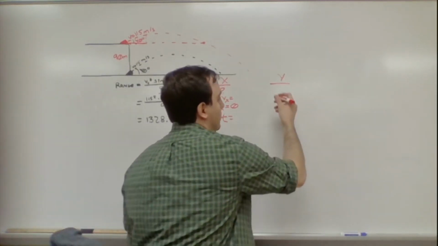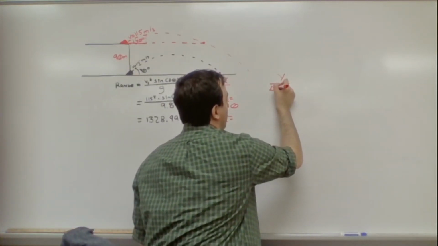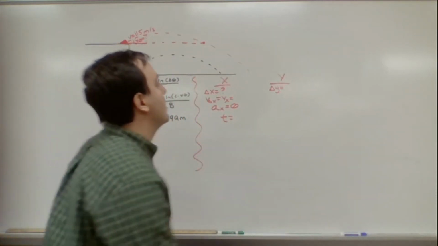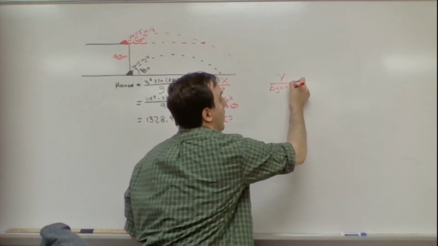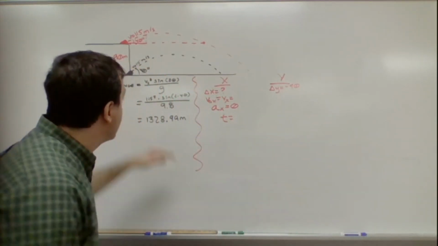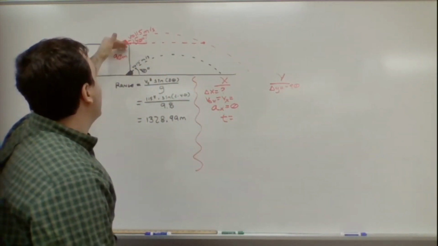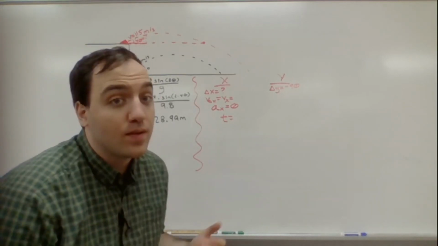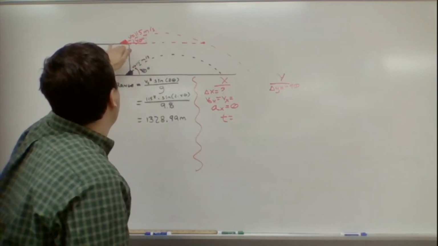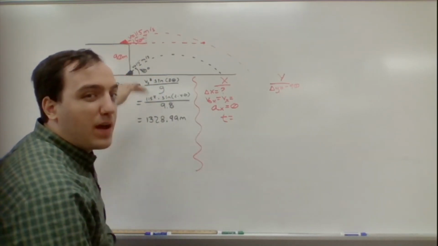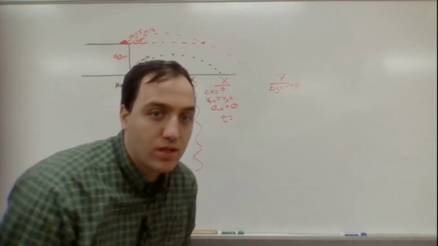Over here, delta y is negative 90 meters. Why is it negative? Two ways. Number one, if we say the ground is 0, I went from 90 to 0. 0 minus 90, negative 90. Alternatively, if we say this is 0, and this is down, you have to go down negative 90 meters to reach the ground.